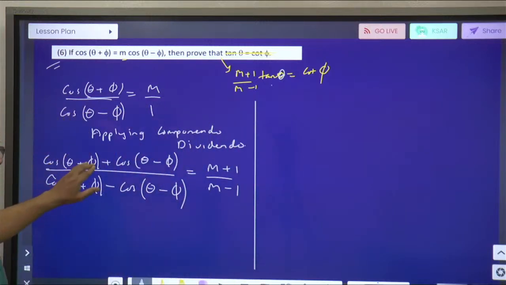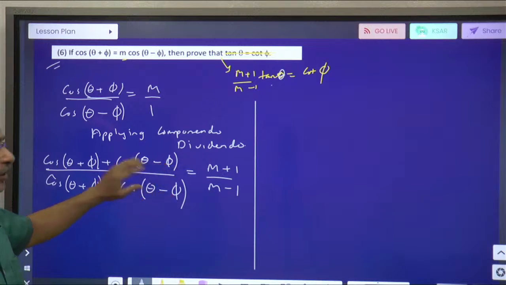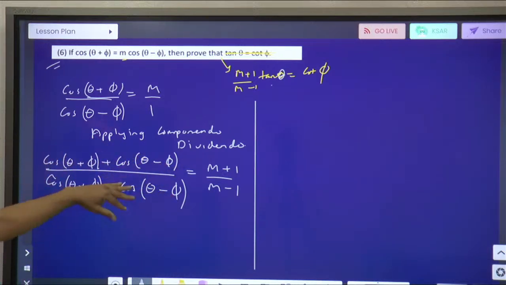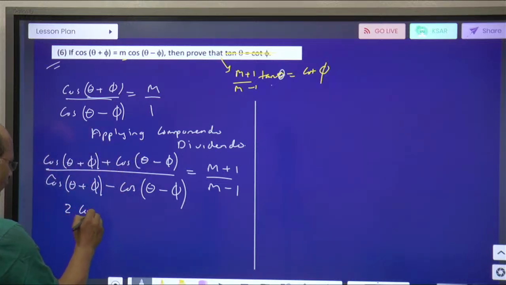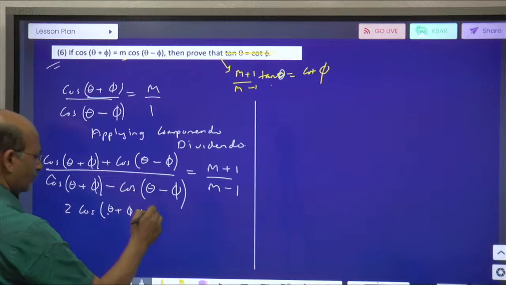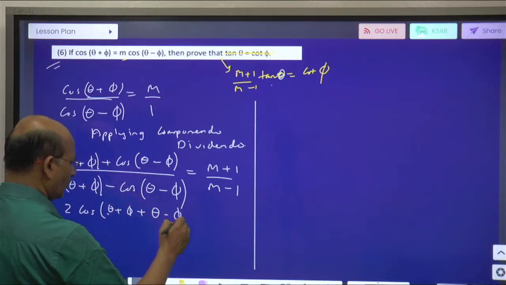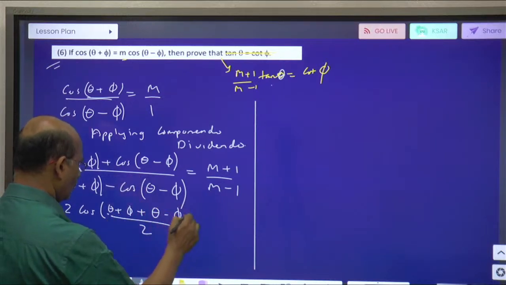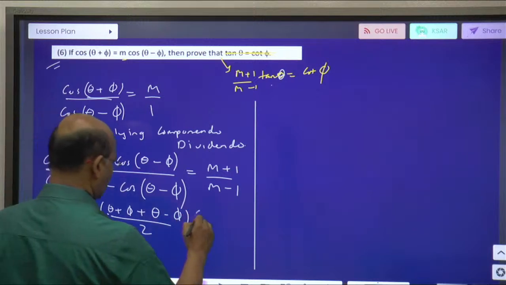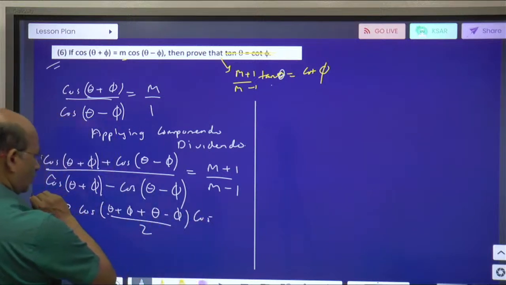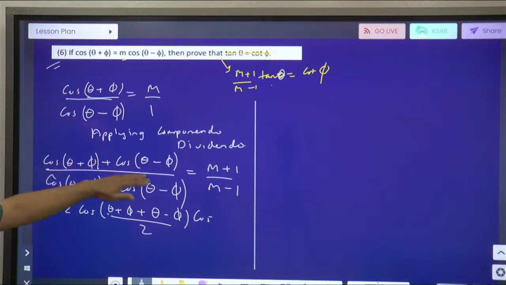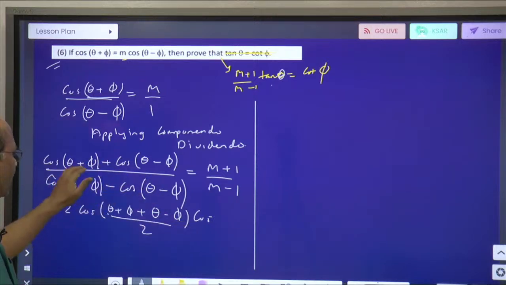Cos C plus cos D. What is cos C plus cos D? 2 cos C plus D by 2 cos C minus D by 2.